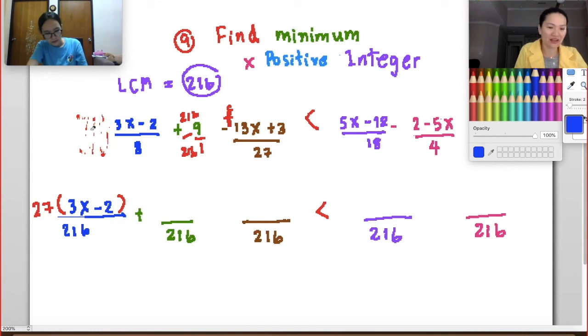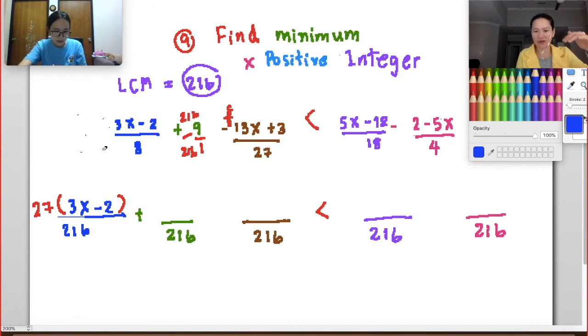So you will understand that we want to make the denominator 216. We multiply 27 on the numerator and 27 on the denominator. 27 multiplied with 8 is 216. Alright, Jasmine, does that make sense?